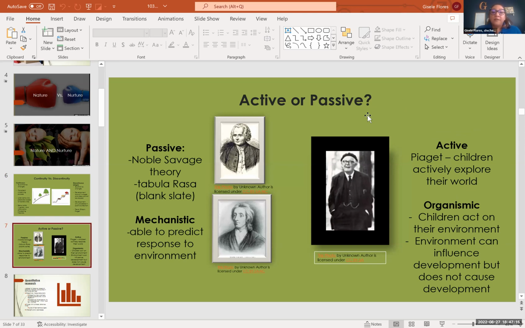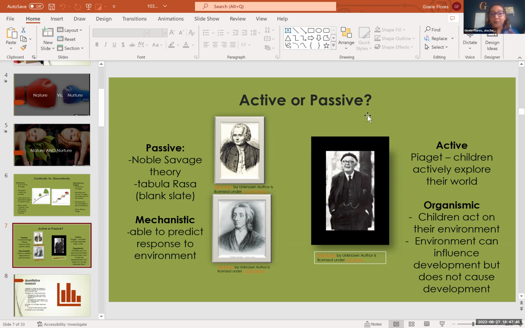So another thing to consider is, is development active or is it passive? Are children active in the changes that occur as they grow, or are they passive receptacles of influences? So there are active developmental theorists and there are passive developmental theorists. So passive developmental theorists typically follow more of the behaviorist lens.